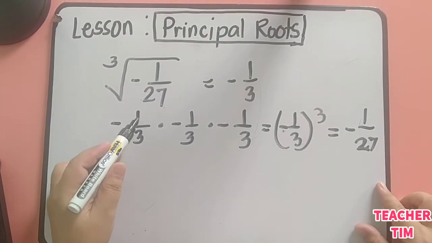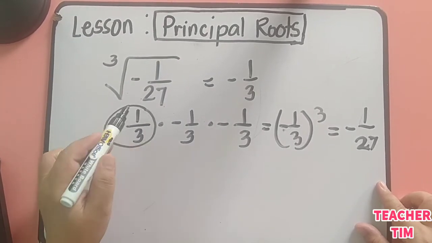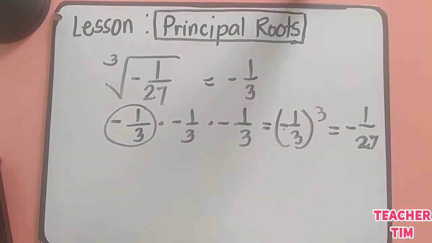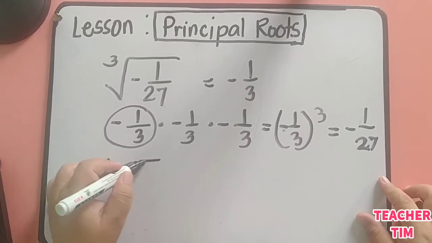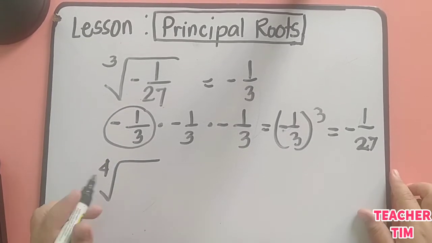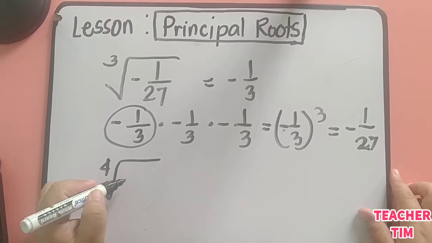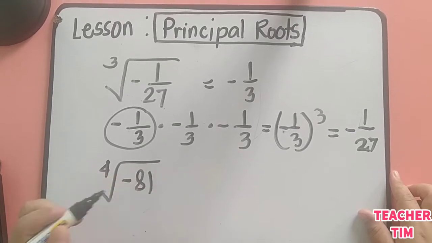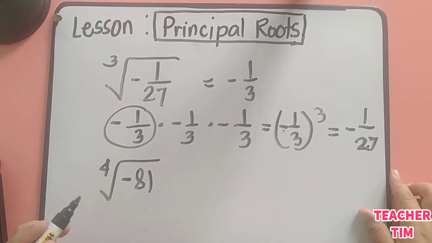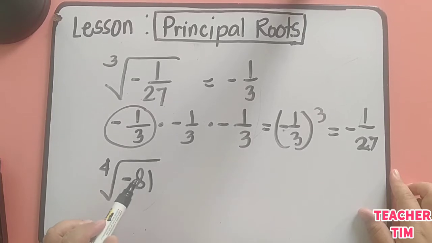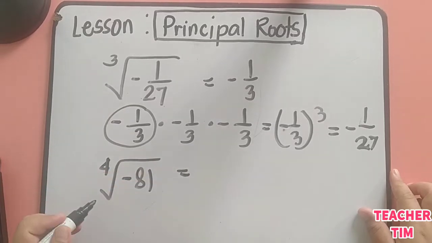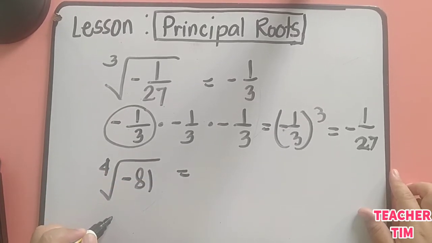So the base, this one, is its principal root. But how about if we look for the value of the fourth root of negative 81? What number must be multiplied to itself to make it negative 81? Let's see. Let us find if there is. So let's say 3.